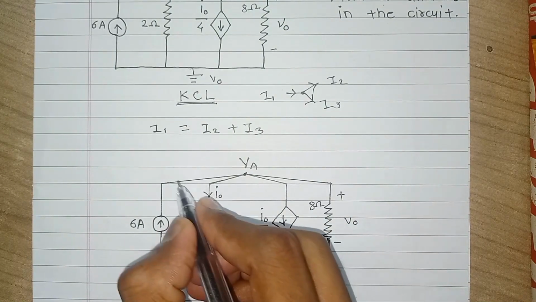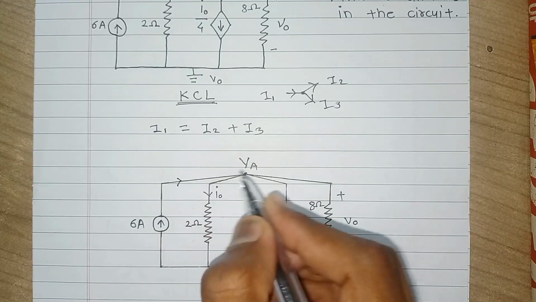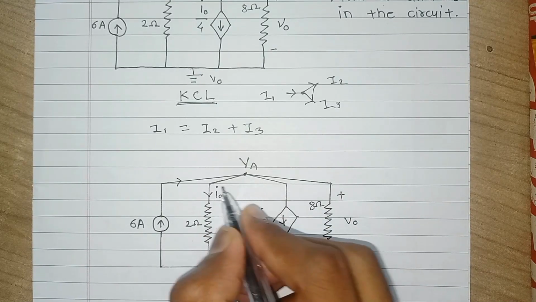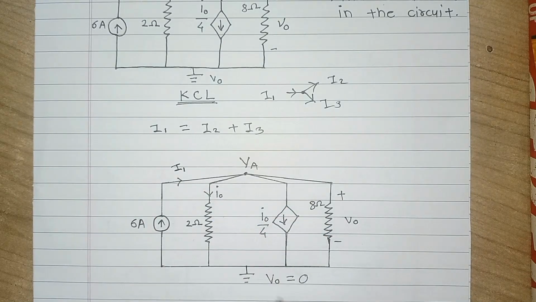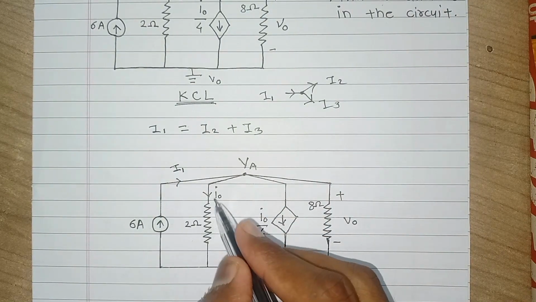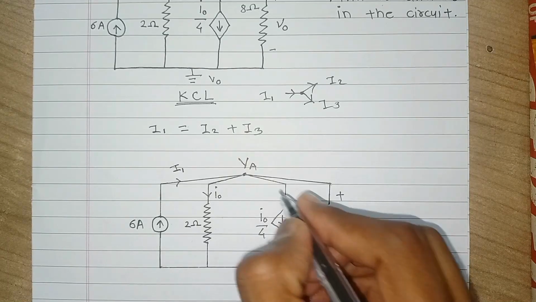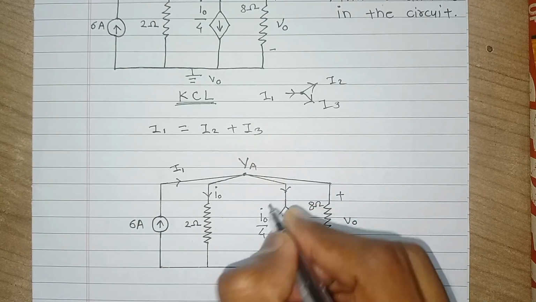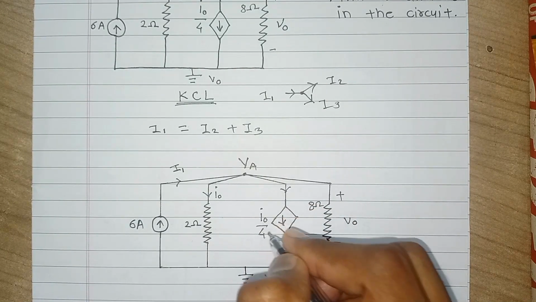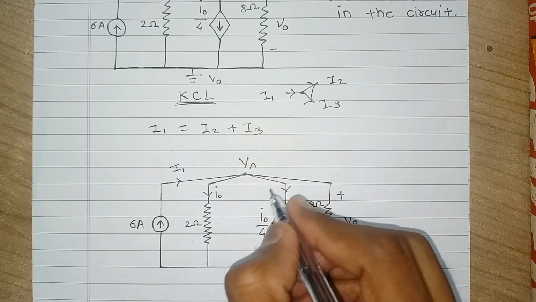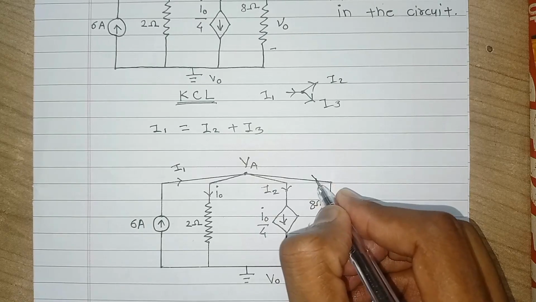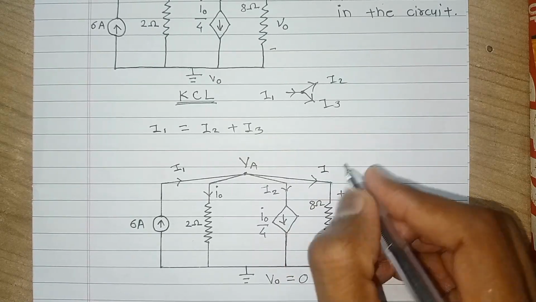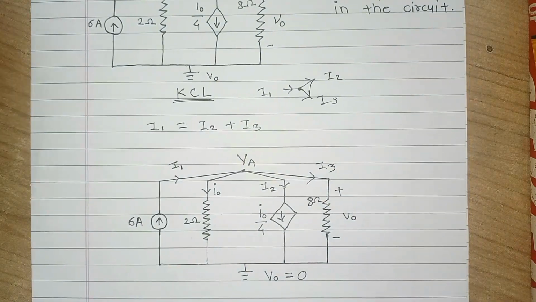Let us say this is the current incoming towards this node. This is the outgoing current. Name it as I1. This is already named I0. This outgoing current has the value I0 by 4. It is named I2, and this outgoing current I3.